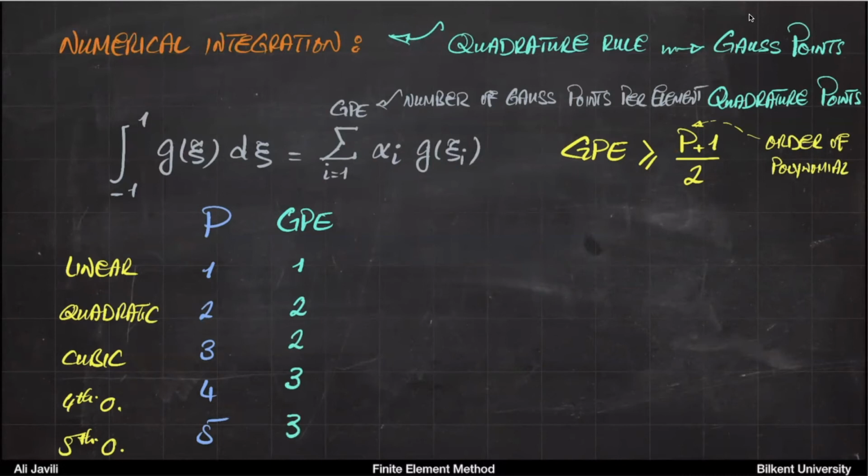So how are the coordinates of those points? The next thing you want to know are these alphas and xis. For the first one, there is only one xi. So xi 1 is simply 0, and alpha 1 is 2. Alpha is like a weighting factor, okay?